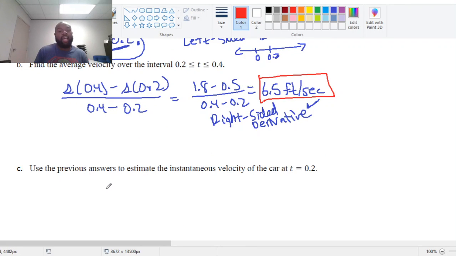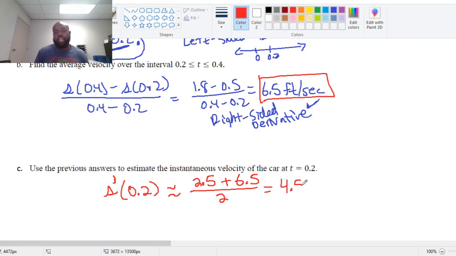And so we're going to say that S prime, because my function is S instead of F, and we can write it that way, of 0.2 represents the instantaneous rate of change. The better estimate would be to do the left-sided derivative plus the right-sided derivative and divide that by 2. And we're going to get 4.5 feet per second.